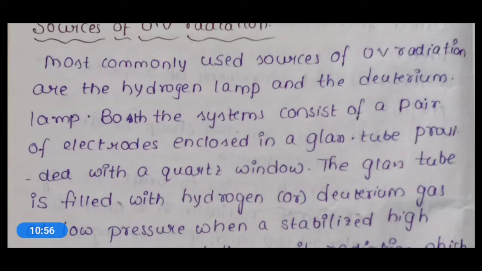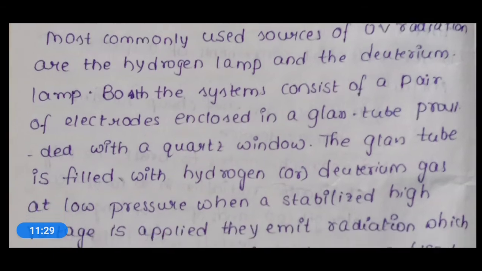Both the hydrogen lamp and deuterium lamp are the best sources for UV radiation. So whenever we are going to carry out UV spectrophotometry, we should use this hydrogen lamp or deuterium lamp, and these are the best sources of the UV radiation.